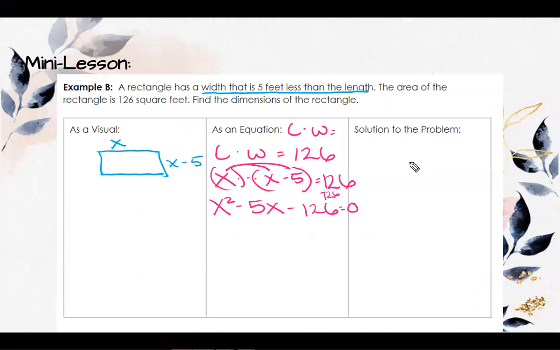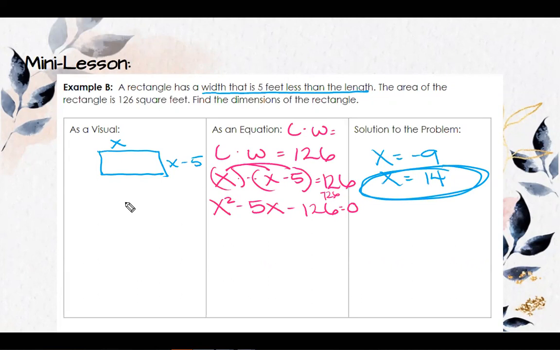Nathaniel? Okay, hold on. Okay, so it's x equals what? Negative 9, x equals 14. Plug in 14. I'm about to show you the reasoning why, Nathaniel, watch.